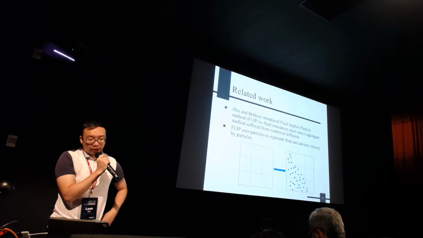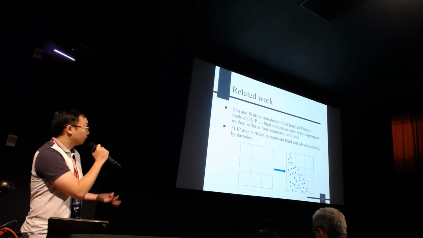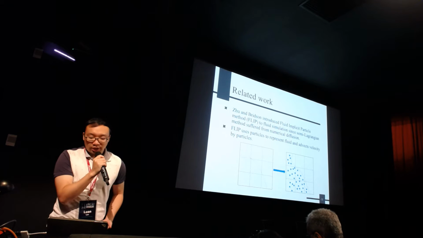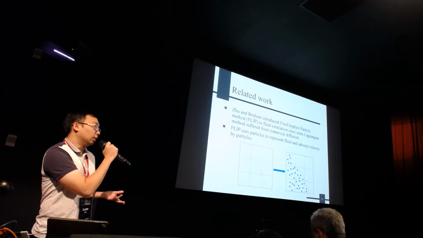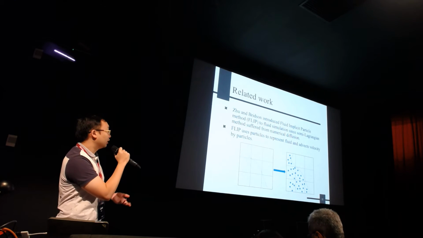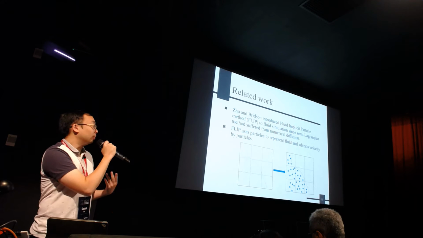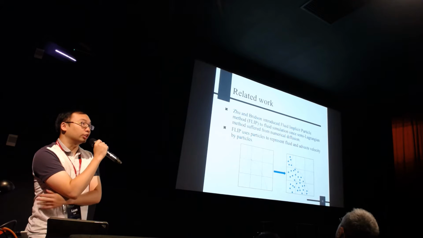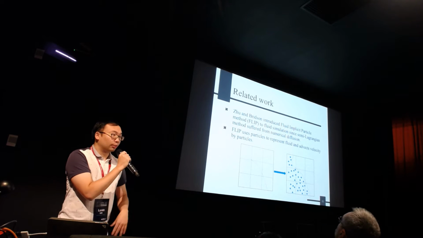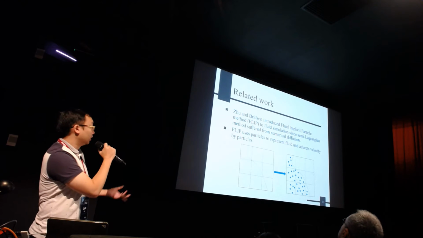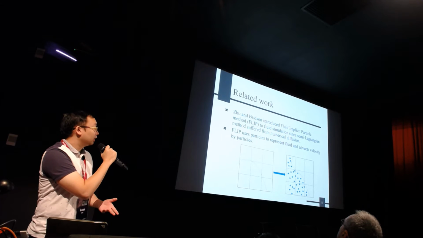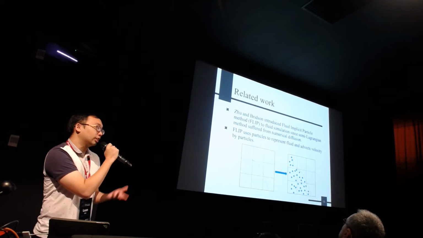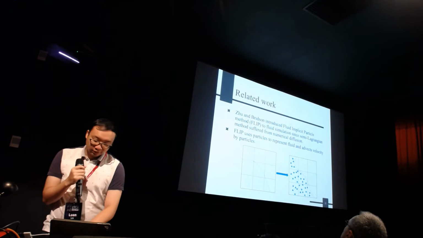And in order to keep the details of the liquid, Zhu and Bridson introduced the FLIP method. Since the advection method introduced by Jos Stam may suffer from numerical diffusion, the main idea of FLIP is to represent the fluid and advect the velocity by particles.